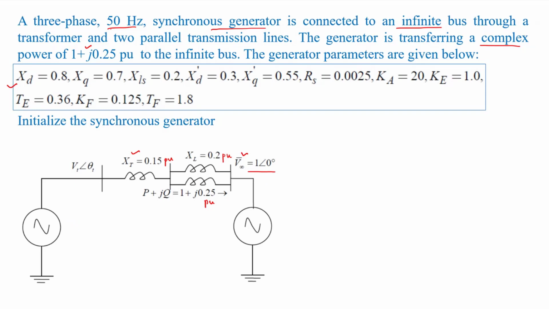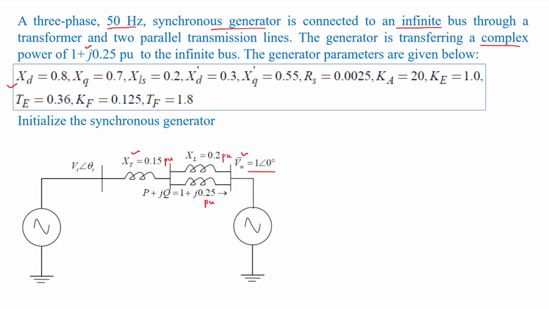We already discussed how to initialize, and I mentioned that if your system is large, we do not go for a single machine infinite bus system. If your system consists of more than two machines or two buses, then we need to go for load flow analysis.